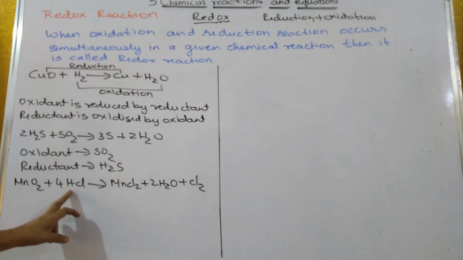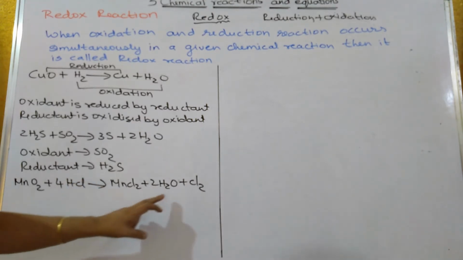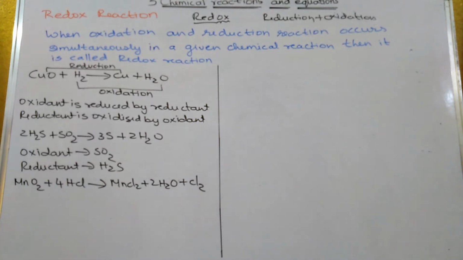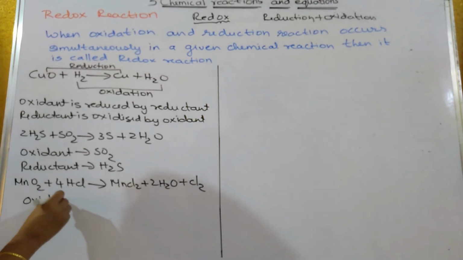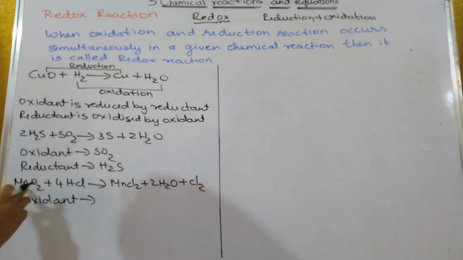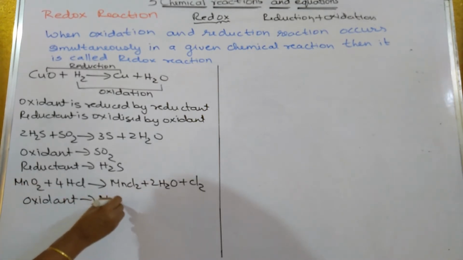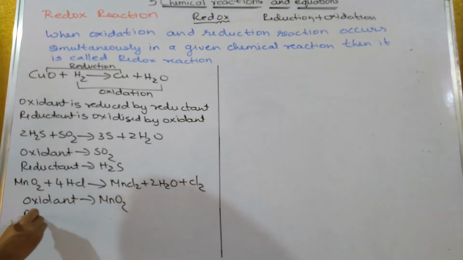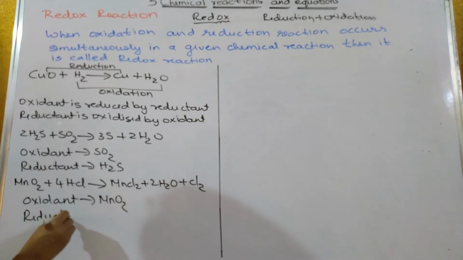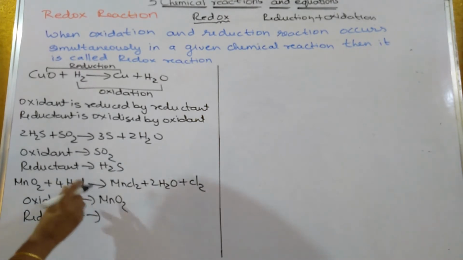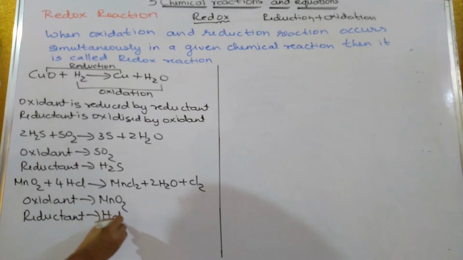And the hydrogen in HCl gains oxygen to form a water molecule, therefore it is an oxidation reaction. Now which is the oxidant? Oxidant is MnO2. And which is the reductant? Reductant over here is HCl.